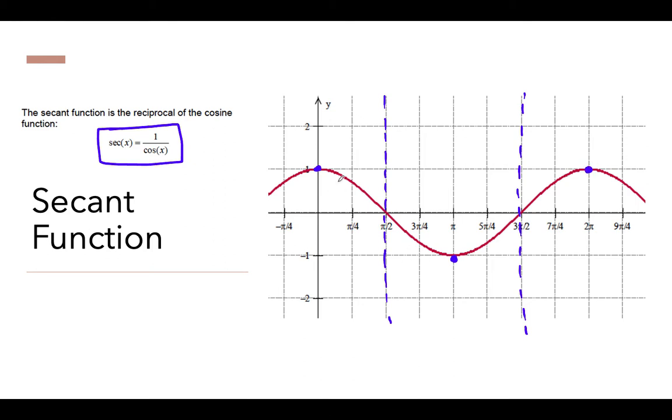Now, what we're going to do is flip, let's say, at pi over 4, it's about 0.75. If I were to do 1 divided by 0.75, then you get 1.33. So it's about here and here.